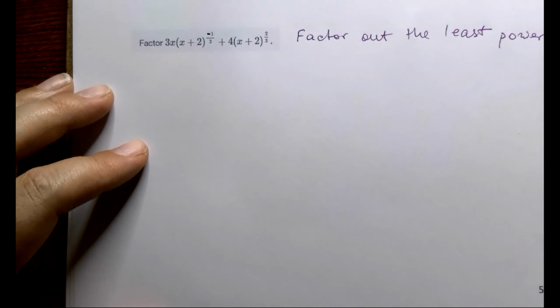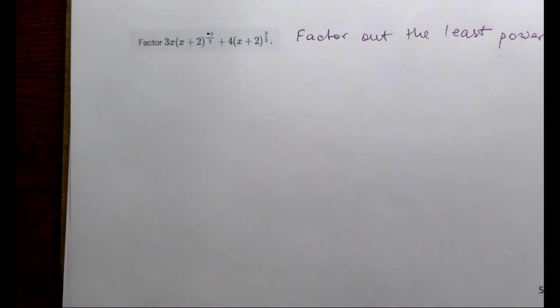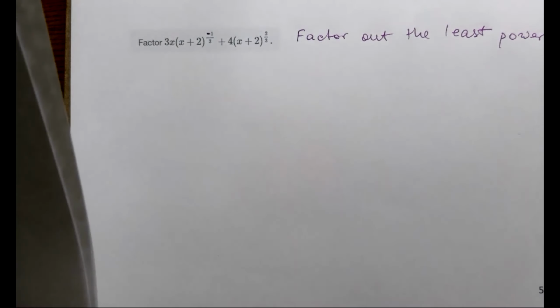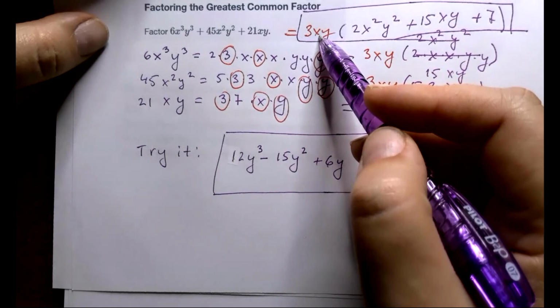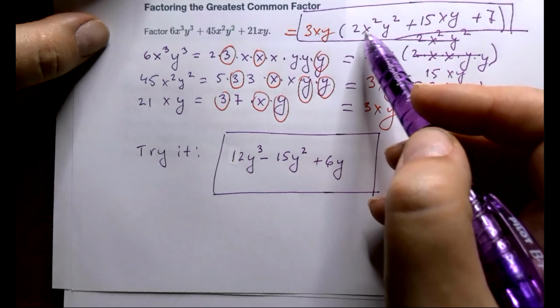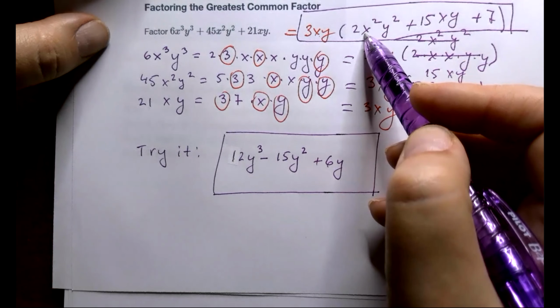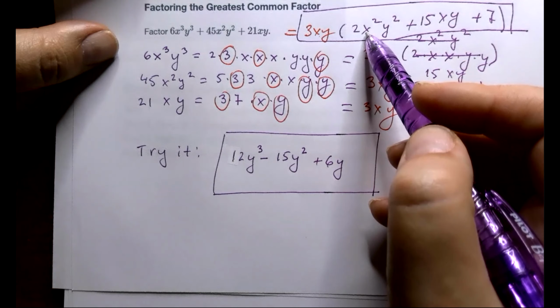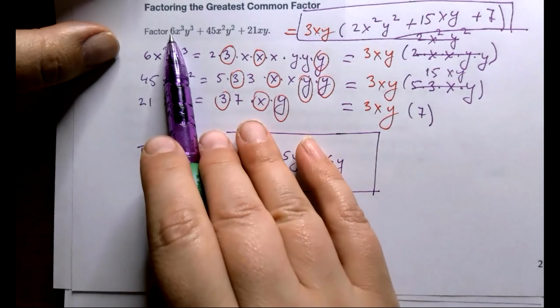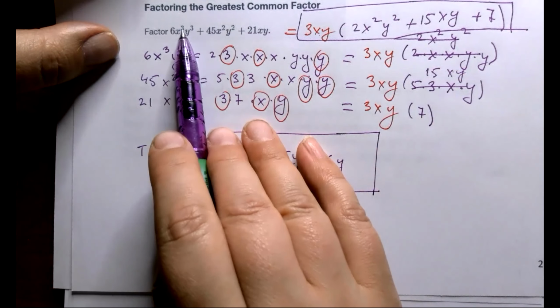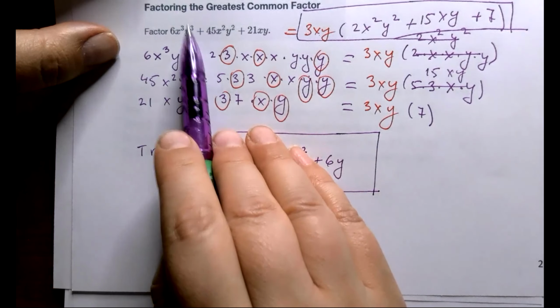Okay, so before we begin, I want to remind you that when we actually factor something out, the power of that factor is reduced in whatever's left over. So here we used to have 6x cubed y cubed.